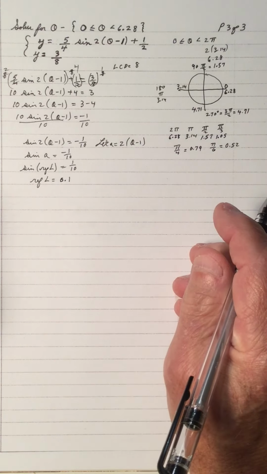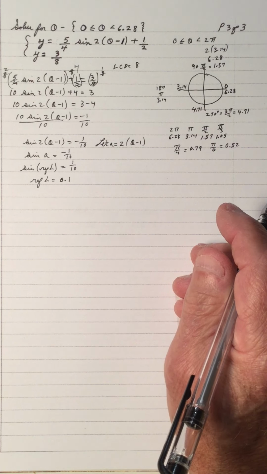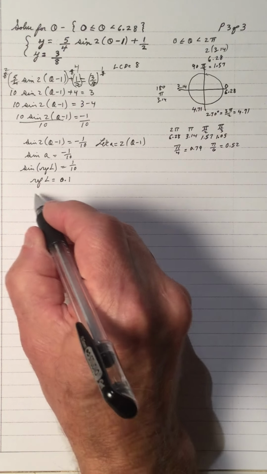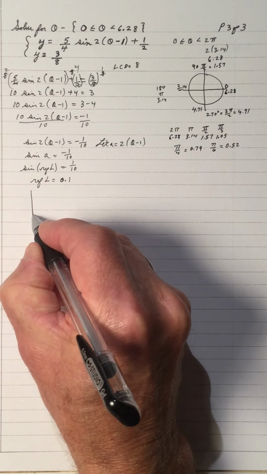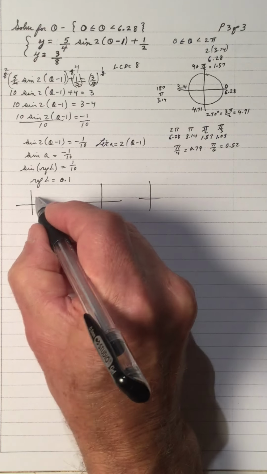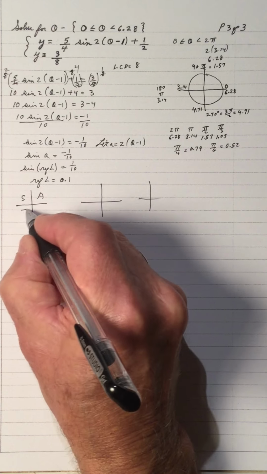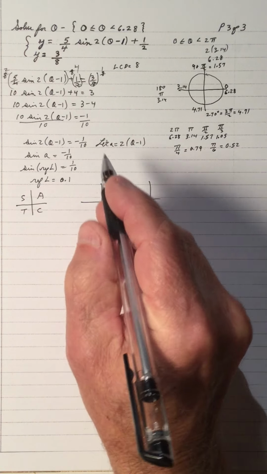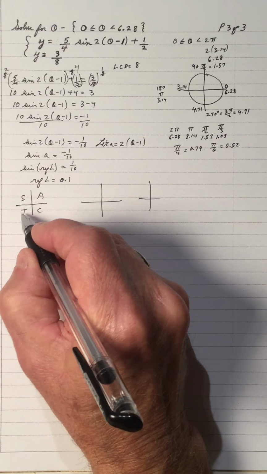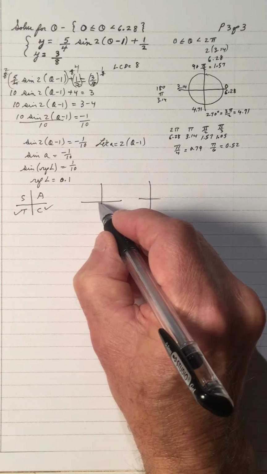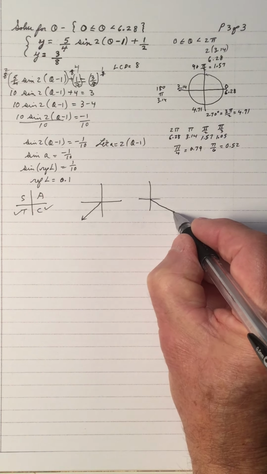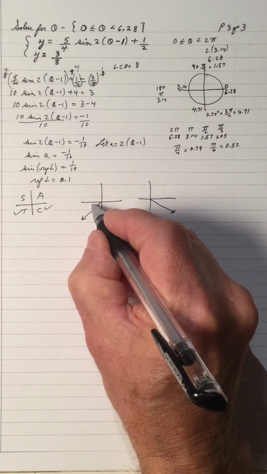It comes out to be 0.1. Again, this problem is a little different. I've designed it to be that way. So we need to find out where we're going to draw these. Sine is negative in 3 and 4, so we draw a reference angle in 3 and a reference angle in 4.